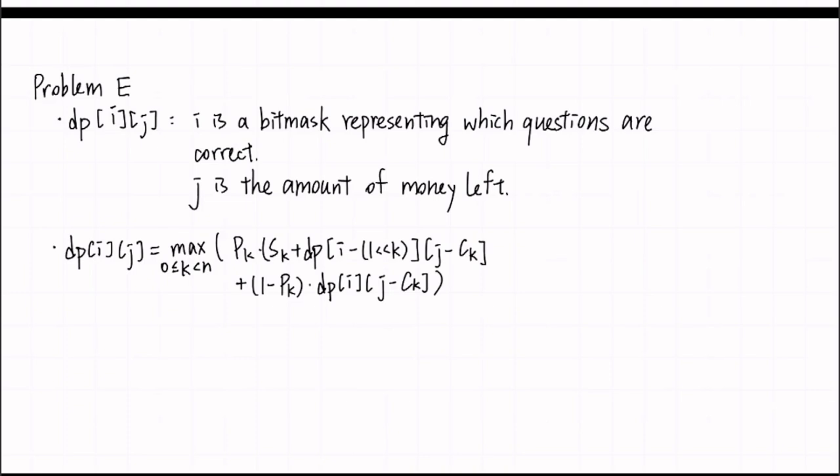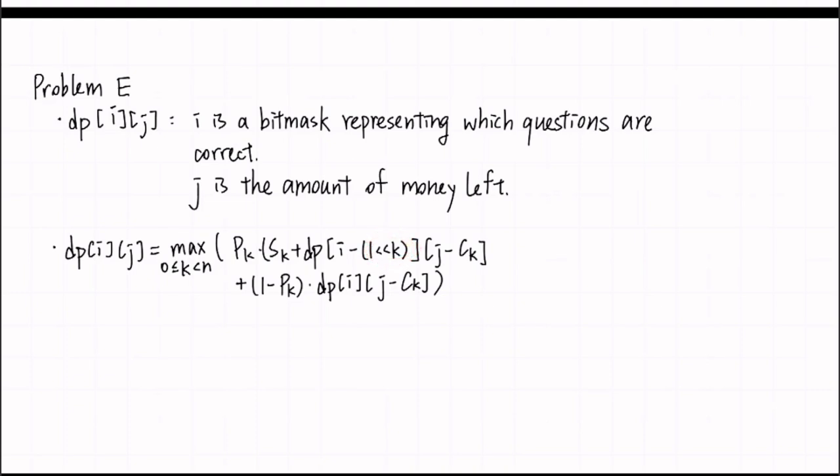So if there's pk probability that he gets the kth problem correct, it will add sk to his total points, and it will come from the state dp[i minus this part], which is like the bit mask that doesn't contain k.